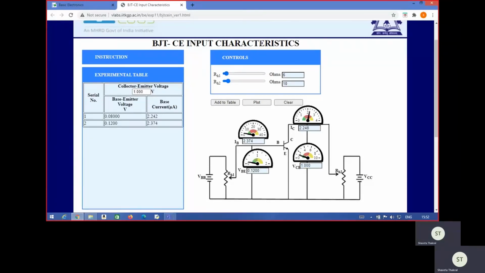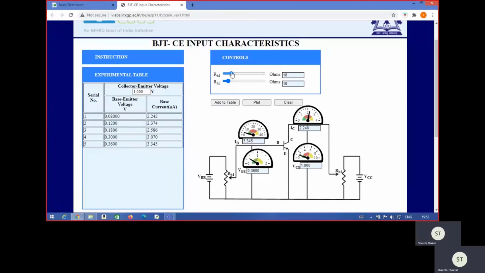So for the different values of VBE, we have different values of base current, and we keep on noting down all the values of VBE and IB in the table, and this table is called the experimental table. Here we can see all the values recorded in this table.